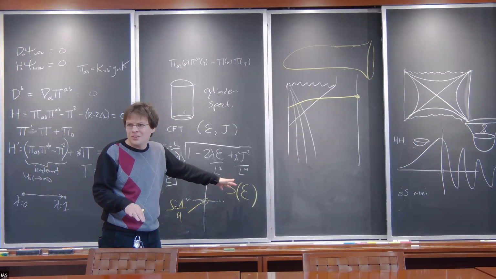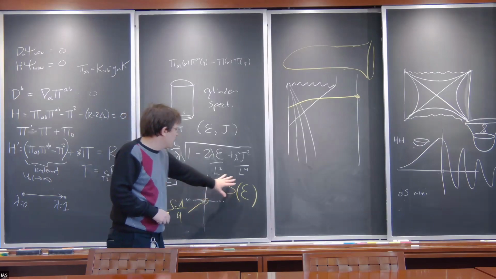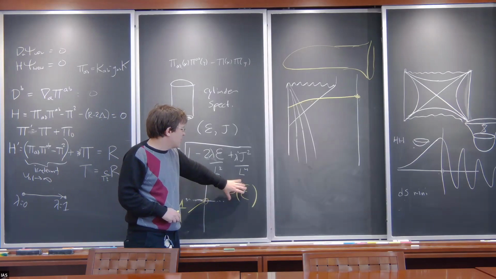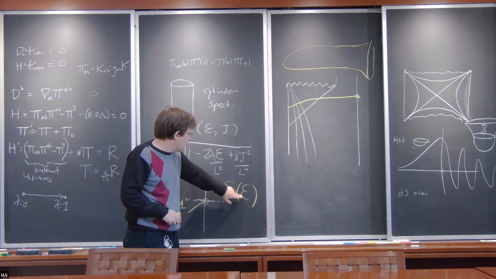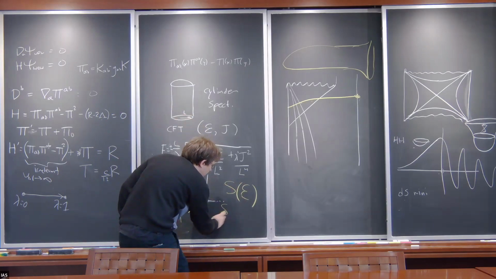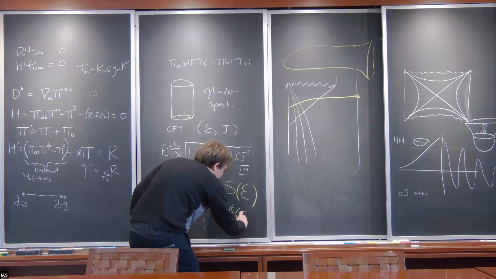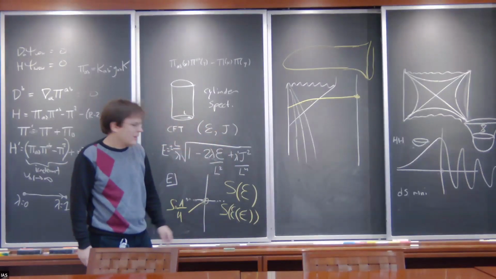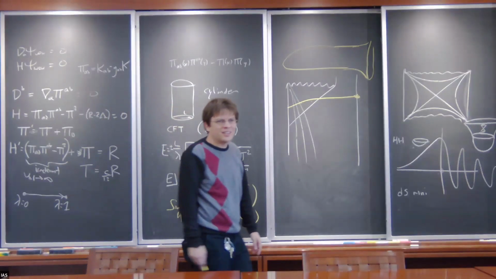That's like the usual thing where it doesn't matter whether you calculate canonical or microcanonical entropy at leading order. So for the leading order, semi-classical entropy, you just take S of curly E and then write curly E as a function of E, and that gives you S of E.